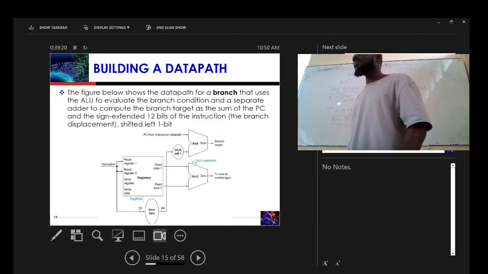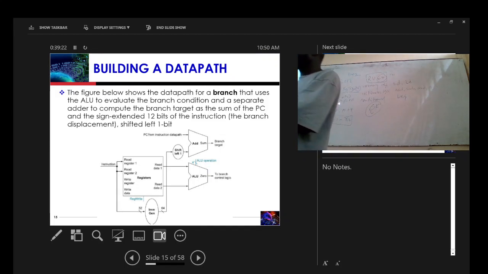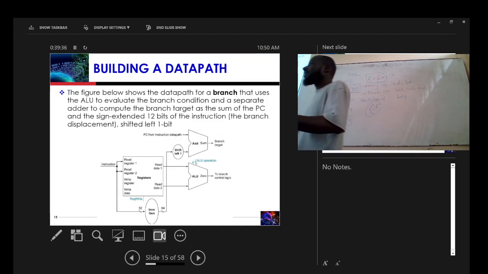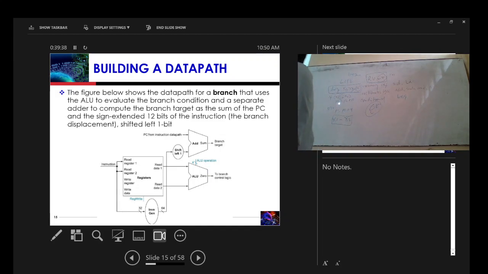The question again: we have something like BEQ X1, X2, then 10, and 10 is just a constant. How does it do it, using this data path and the controls? First it reads the instruction, and it has decoded everything.